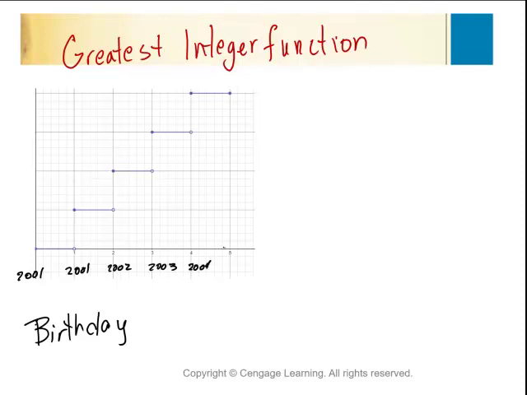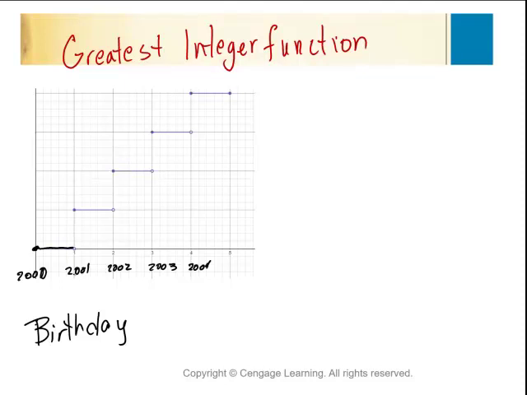Your birthday and how old you are is an example of a greatest integer function. Say you were born in 2000. All throughout that year, you are 0 until the day of your birthday.